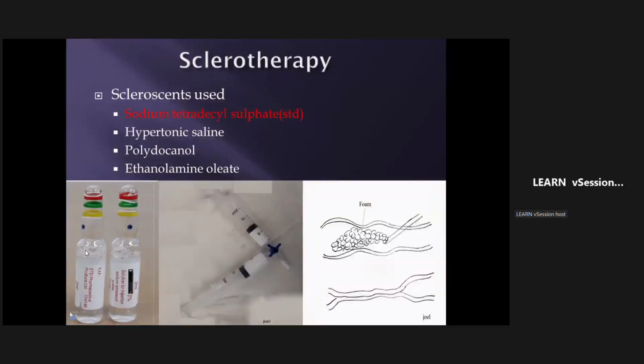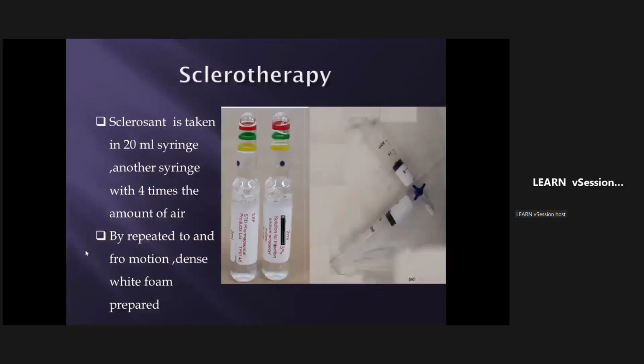Because we take this sclerosant, we use STD, which is another common question for a medical student, and mix it with air and make it into a foam form that is injected into the vein. That is why we call it foam sclerotherapy.